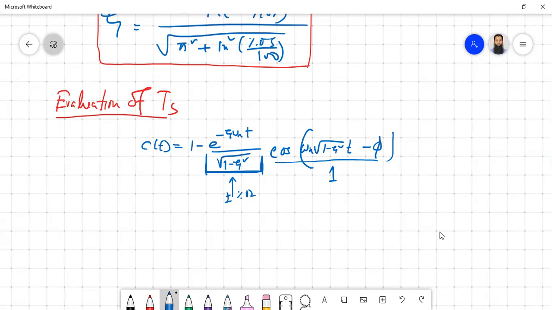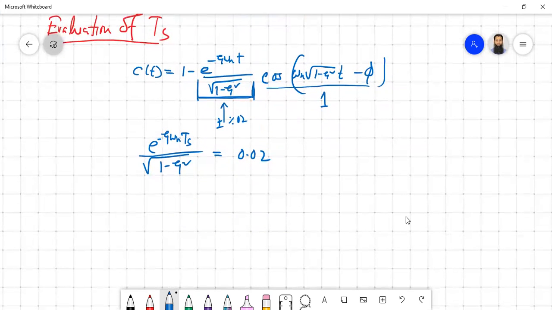So we can write the magnitude that way: e to the power minus zeta omega n ts, divided by root over 1 minus zeta square, should be equal to 0.02. Okay, so whenever the magnitude reduces to that value, we are within the range of plus minus 2% of the final value. Okay, so basically 98% or 102%.